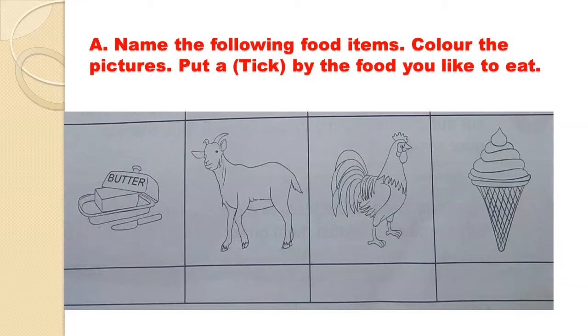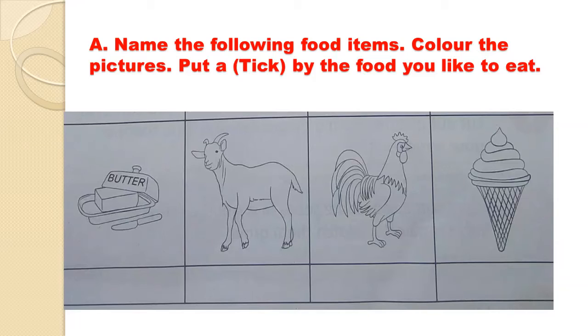And the next one we have given, what is this? Yes, you know, this is a goat. And the color of goat is? It's optional. The color of goat is brown.